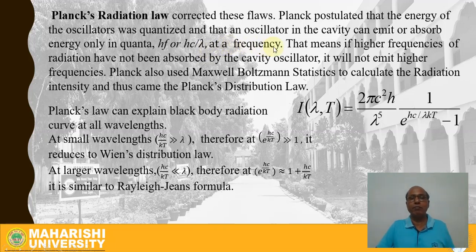Now that means if higher frequencies of radiation have not been absorbed by the cavity oscillator, it will not emit higher frequencies. And Planck also used Maxwell-Boltzmann statistics like Rayleigh to calculate the radiation intensity, but then he quantized it and thus gave the Planck's distribution formula.